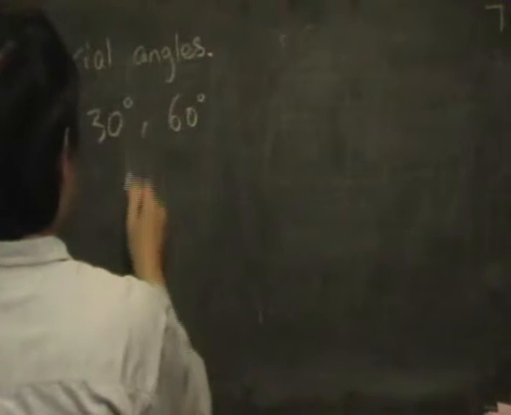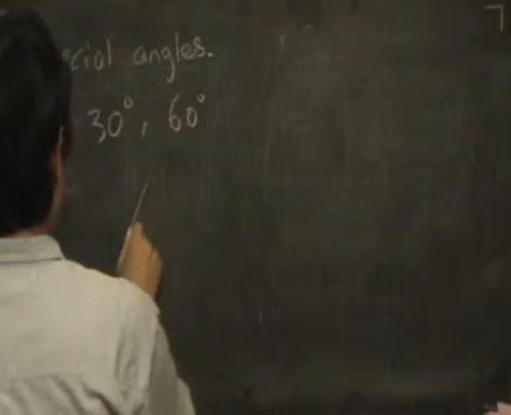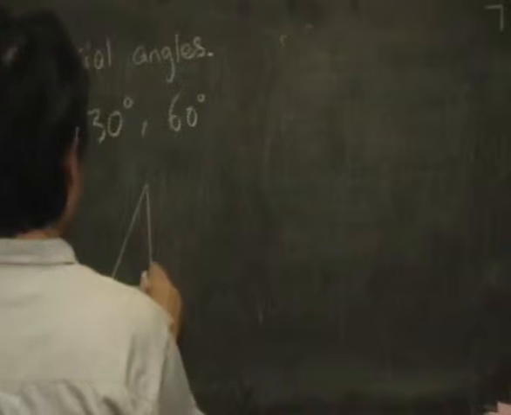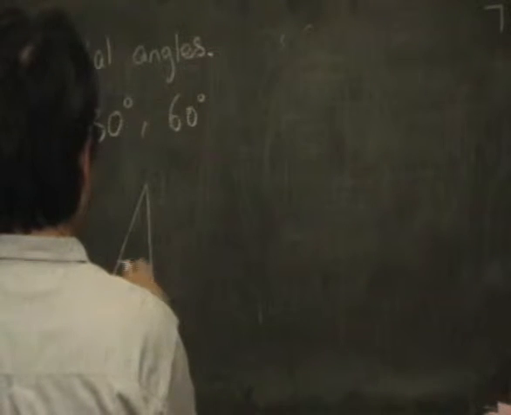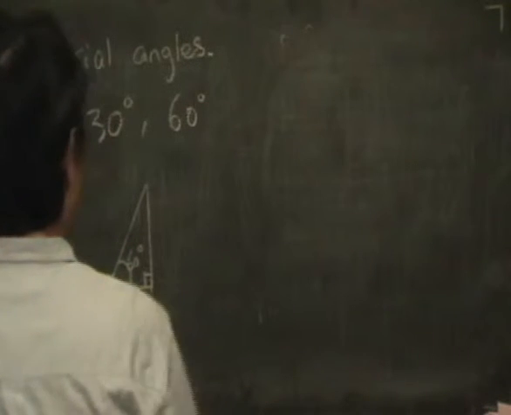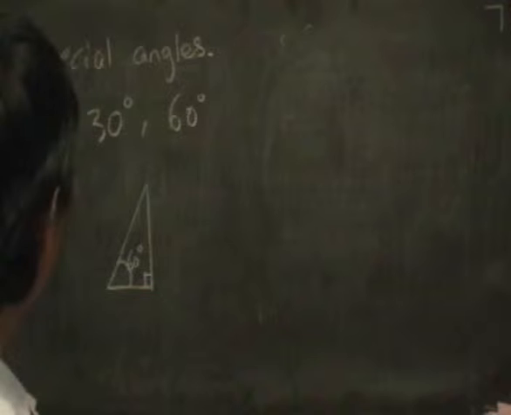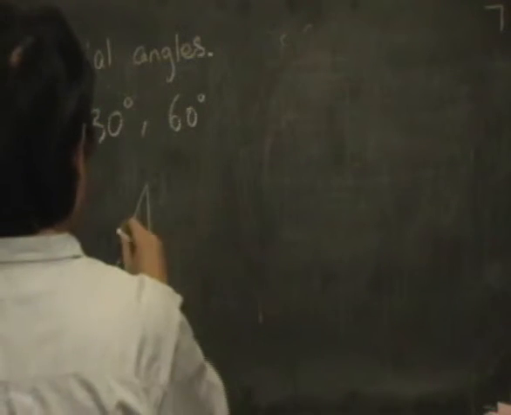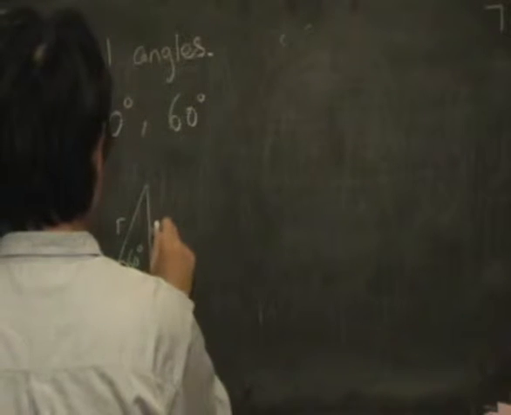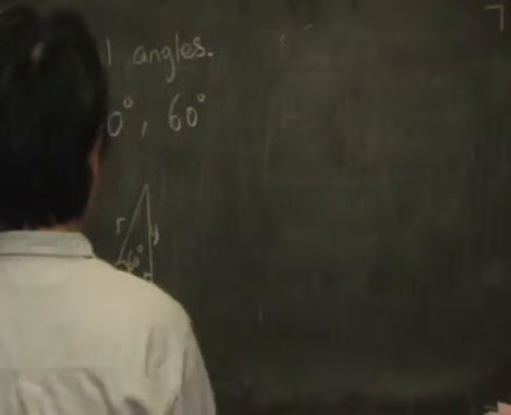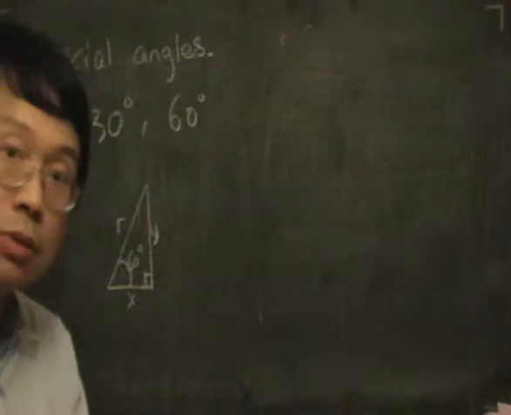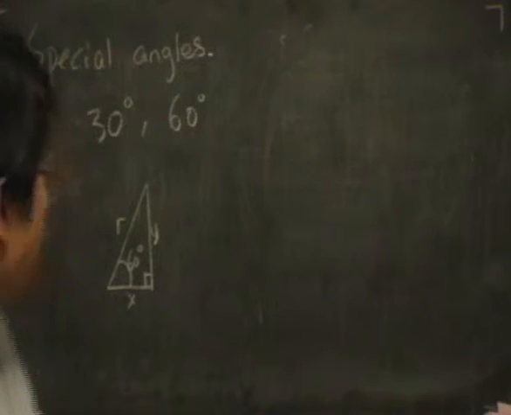Now suppose that I start with 60 degrees. Right. And I want to find the sines and cosines. So say that's R, that's X, and that's Y. So how can we find the answer without using a calculator?